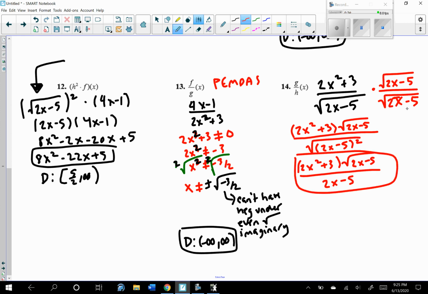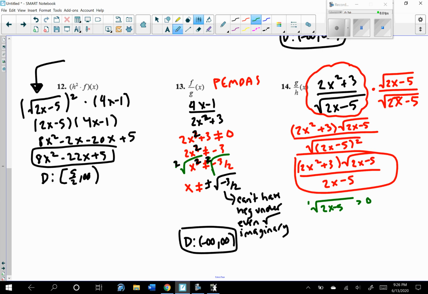answer. And then, of course, the domain, if you look back at this problem up here, we can't have variables in the denominator or underneath even roots. So we're going to take what's underneath there from the start and set it greater than 0, not equal to, because it can't be equal to in the denominator because we can't divide by 0.